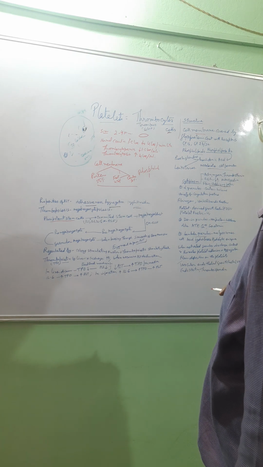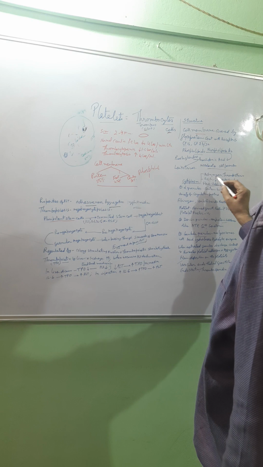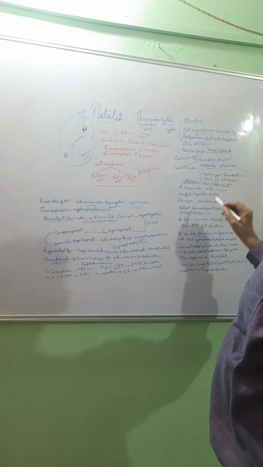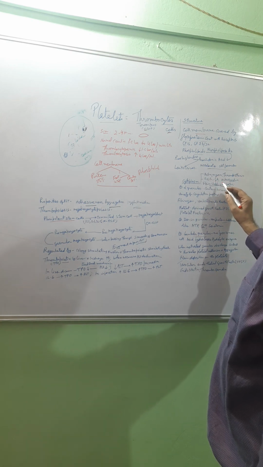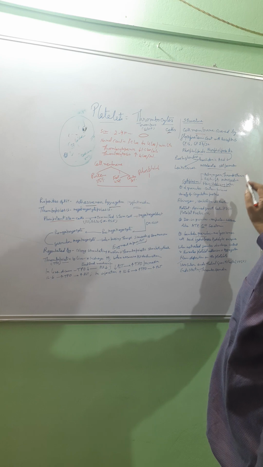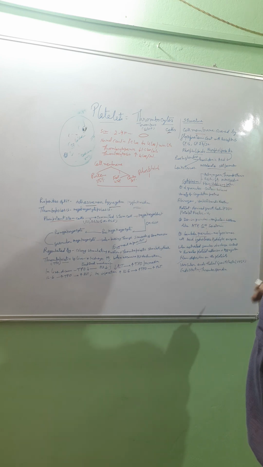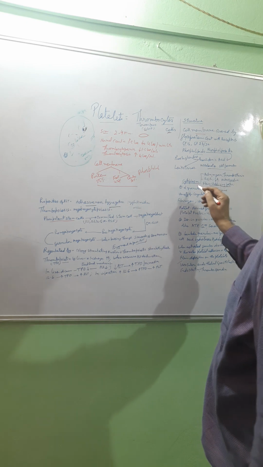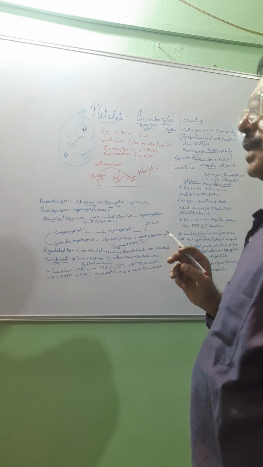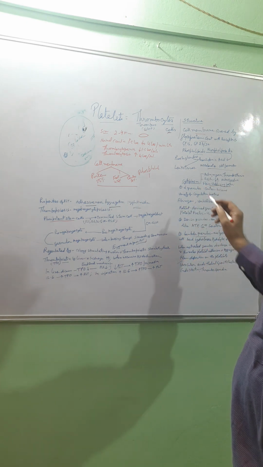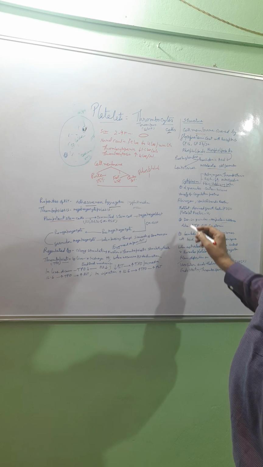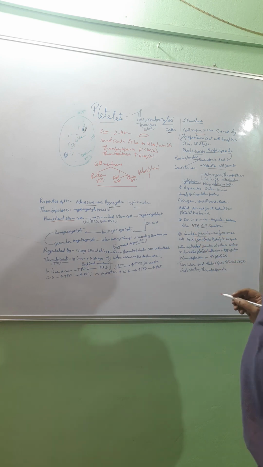Now the cytoplasm. In the cytoplasm, actin, myosin, thrombasthenin, rough endoplasmic reticulum, Golgi apparatus, and mitochondria are present, and fibrin stabilizing factor is also there. It contains three types of granules: alpha granules, dense granules, and lambda granules.